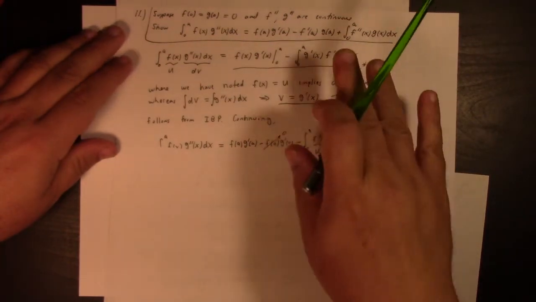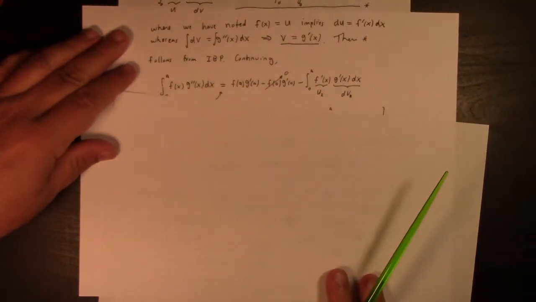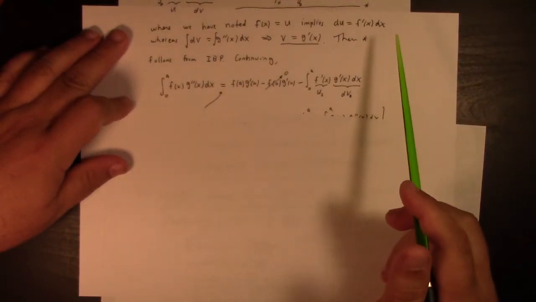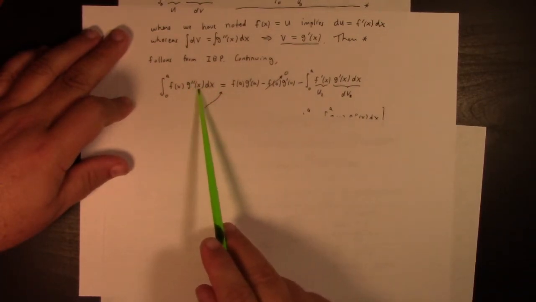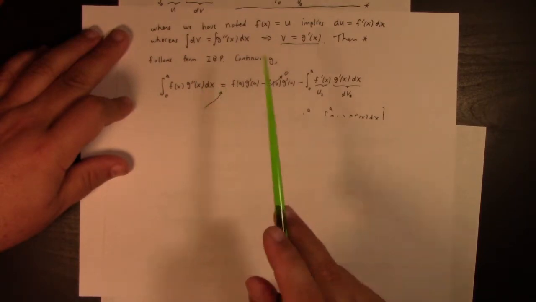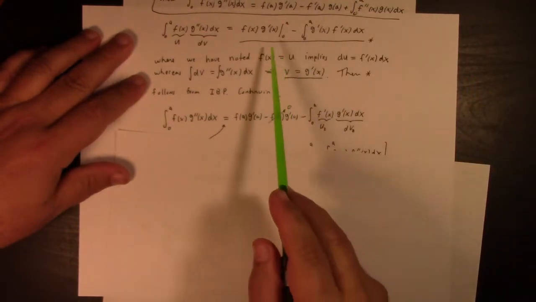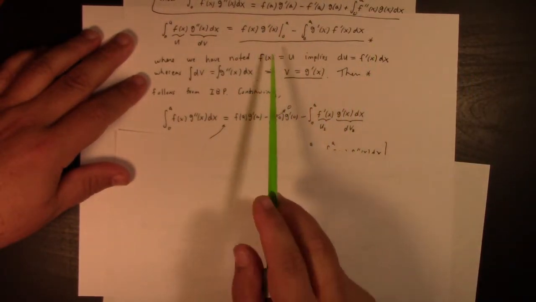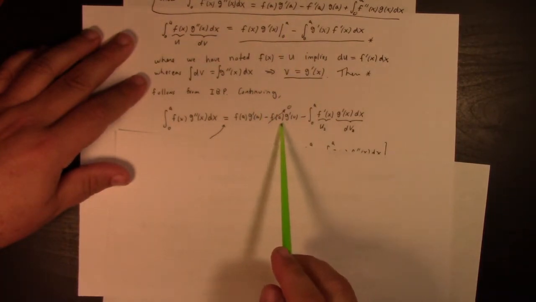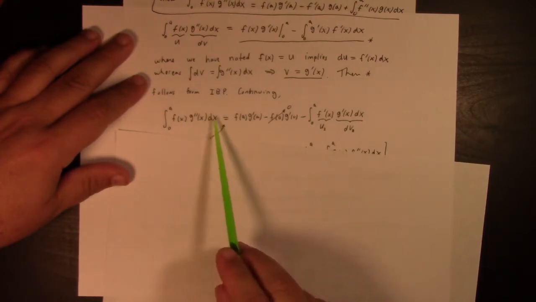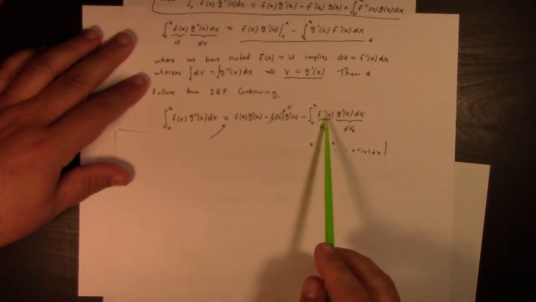So the integral of f of x g prime prime of x dx is, oh, I'm sorry, I'm being an idiot. All I'm doing is continuing from star. So evaluate from 0 to a, f of a g prime of a minus f of 0 g prime of 0, but we're given f of 0 is 0. So this just simplifies to f of a g prime of a, and then minus the integral from 0 to a of f prime of x g prime of x dx.